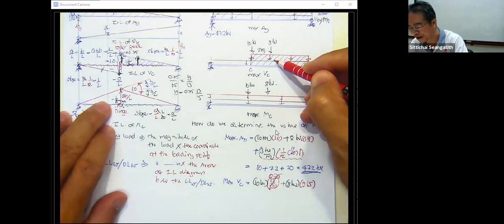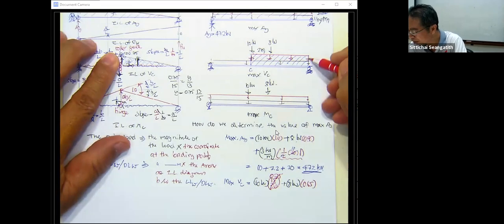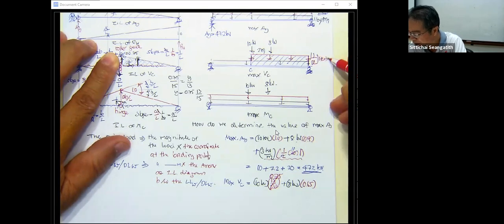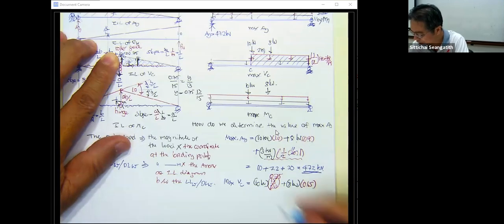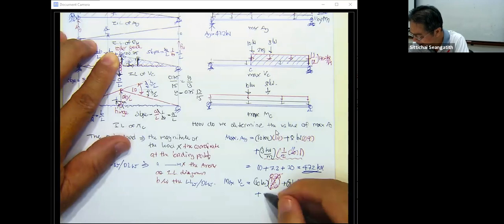And then there is the combination of this dead load and live load, which is 1 plus 2 equal to 3 kilonewton per meter.